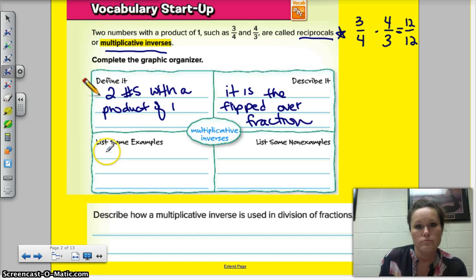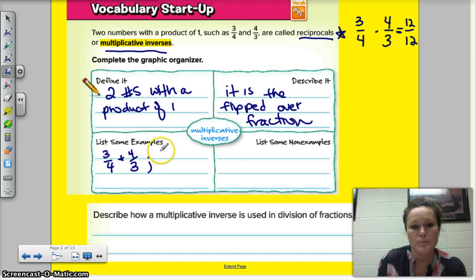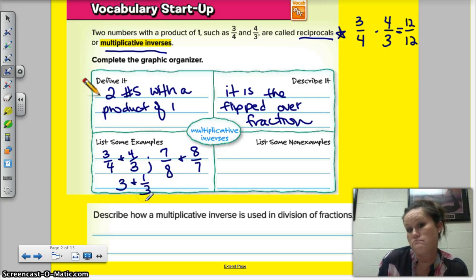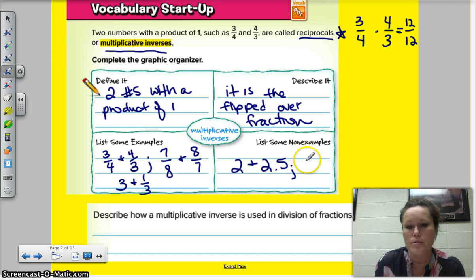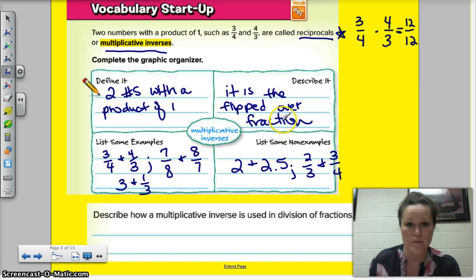So we have obviously 3/4 and 4/3. What about 7/8 and 8/7? And then here's one. What do you think the multiplicative inverse is of 3? It's 1/3. Some non-examples: 2 and 2.5. Those aren't reciprocals. 2/3 and 3/4. Those are not reciprocals.